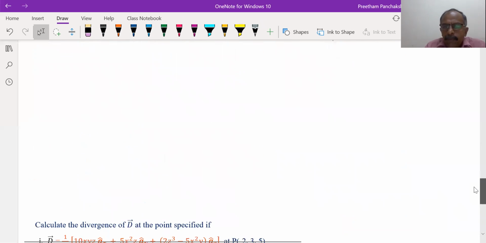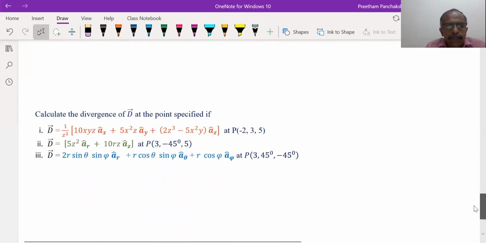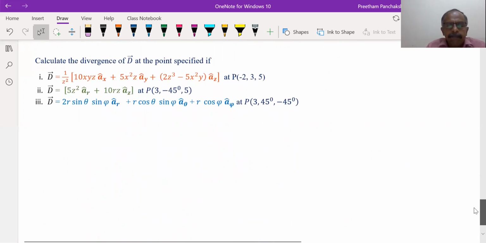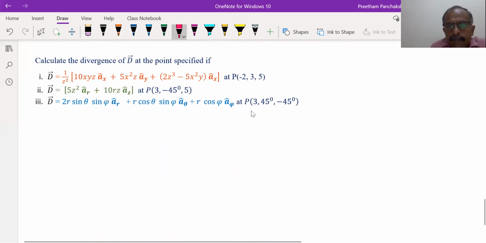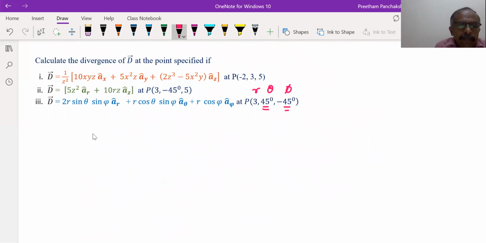Similarly, let us look into part 3, in which the vector D is given in the spherical coordinate system, because there are two angles given in the problem. So there are theta and phi. In the same way, we shall separate the components.